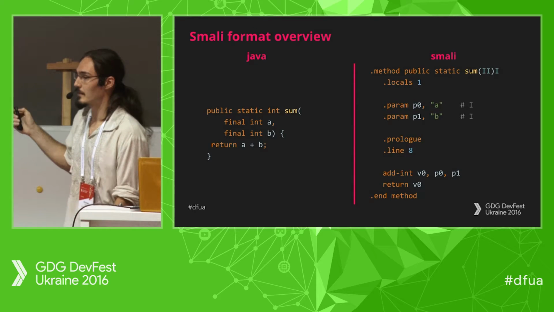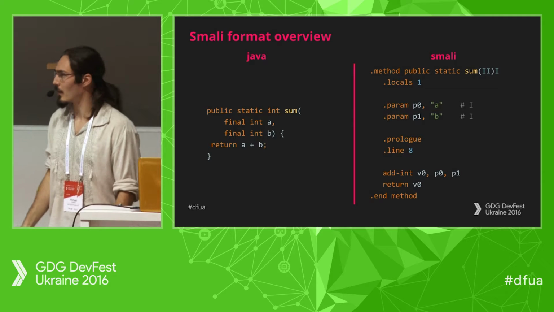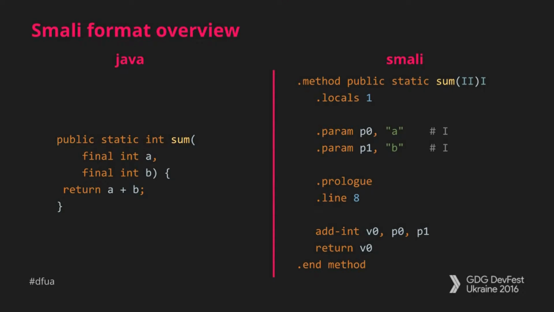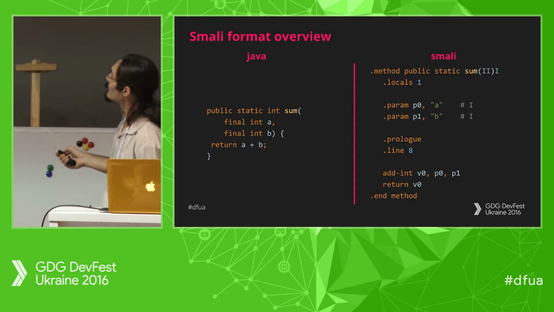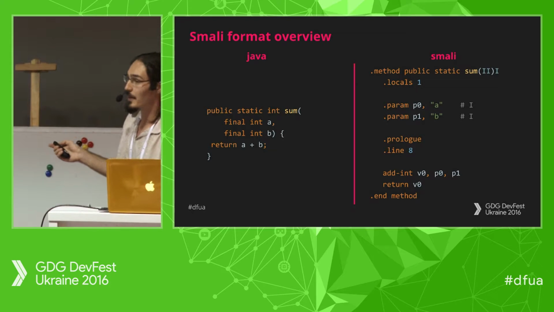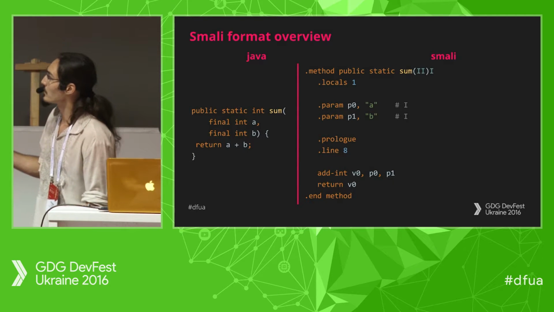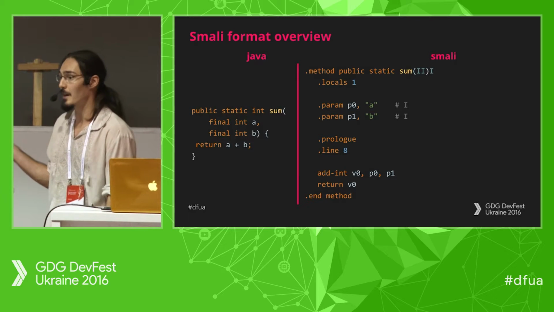And here is a really simple example. Here you can see the Java representation of a method that works with two integers, sums them, and returns an integer. In this part, you can see the Smali representation of it. As you can see, the signature is the same in Java and Smali.